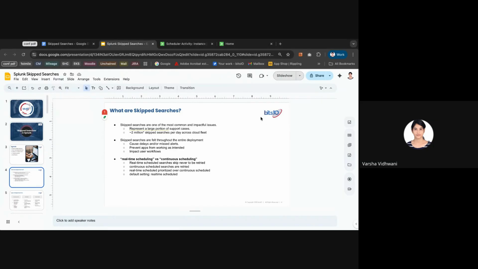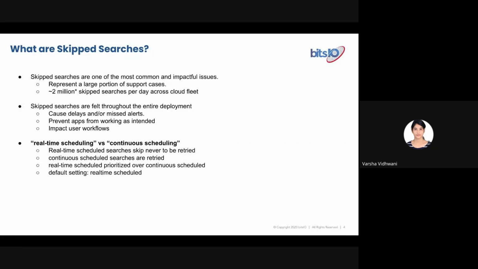So if a search, for example, is defined as real-time scheduling, it will never be retried. That is, it is never going to run that particular search again for that particular instance.